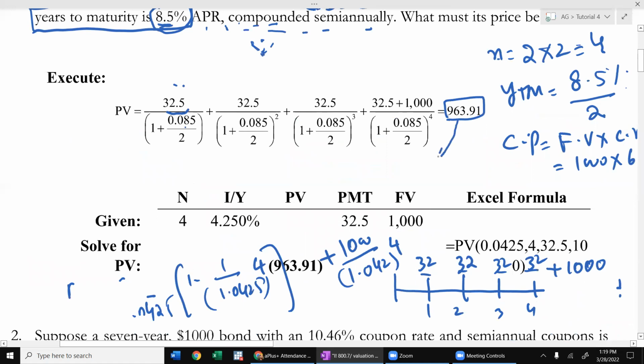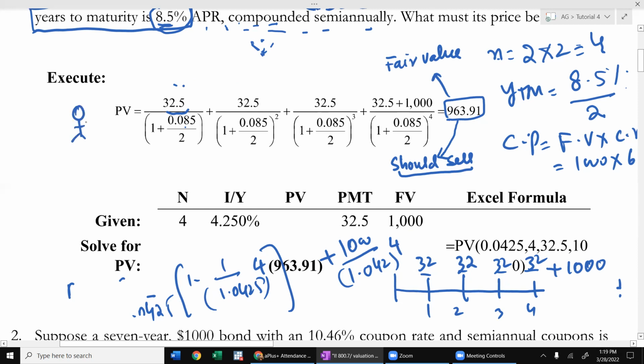In other words, we can also call it the fair value. The fair value, or the actual value, should be 963.91. This is according to your calculation.